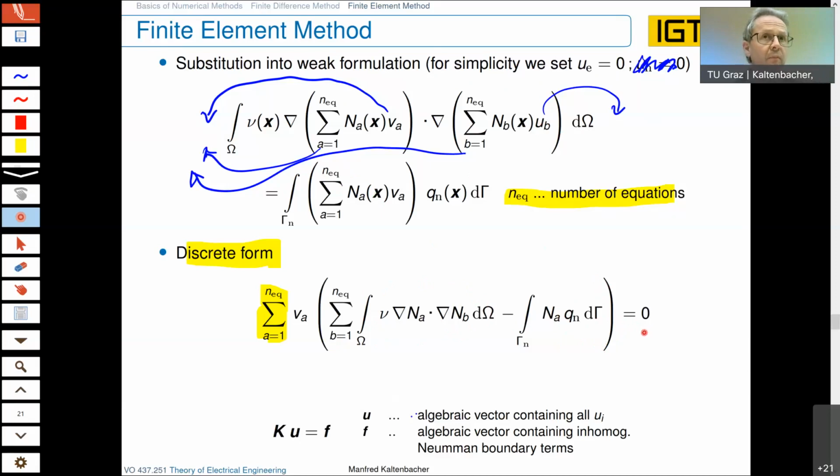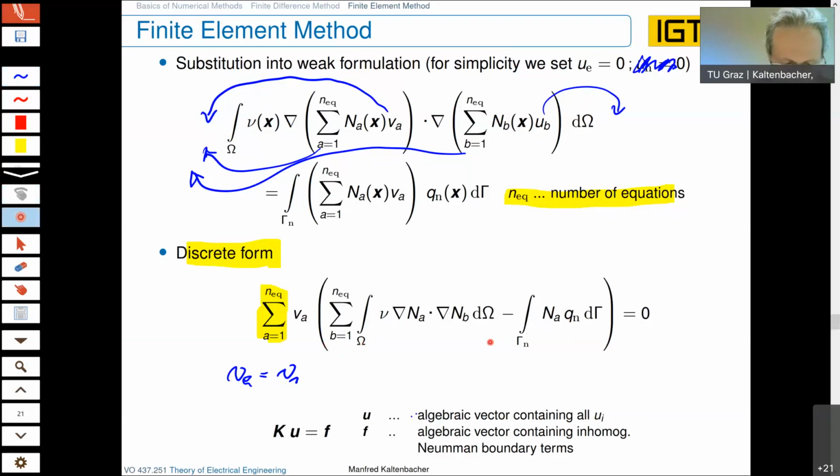So this is now a nice form, because what we can do is set VA to V1, and all other V2, V3, and so on, we set to 0. That's free for us. That means you get the first line of an equation, and you can divide by V1, because we are not interested in V1, but we still have the sum here over the P's for all the unknowns.